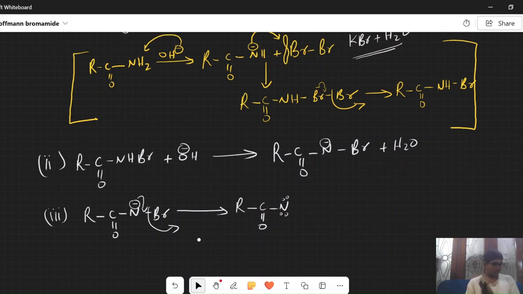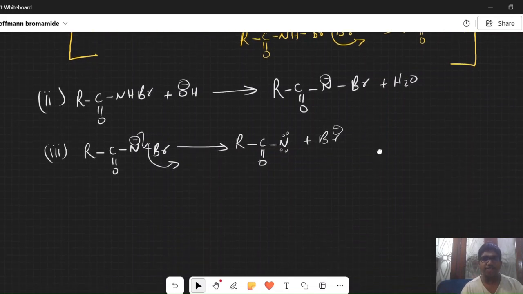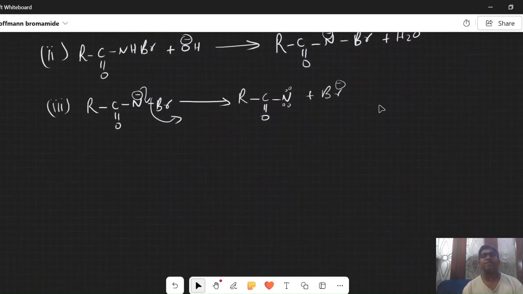Okay, so we get a nitrene here, and definitely Br minus goes off, and again this Br minus can react with the counter cation K plus to give KBr next mole. Okay, that is a byproduct. No need to worry about that now. Now, kindly remember this step, the third step, as it is very important in our discussion, and we'll go on to the fourth step. Okay, this is the last step of the mechanism.